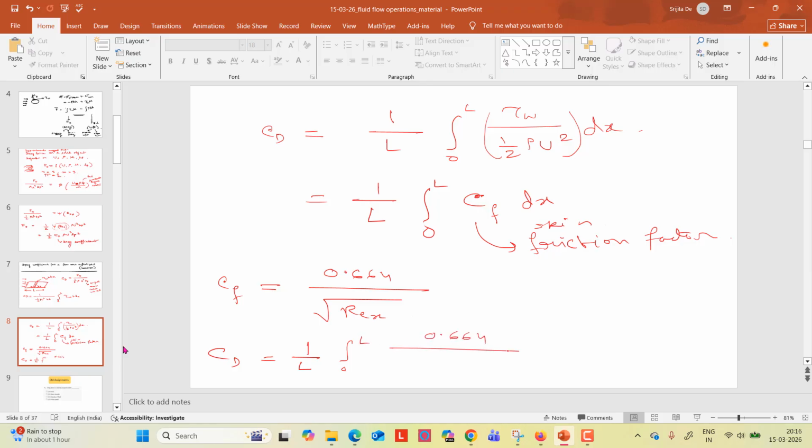You can now expand this Reynolds number, x U by nu, where nu is mu by rho. So it is in the denominator, dx.